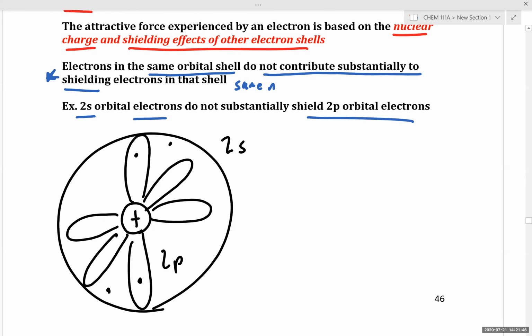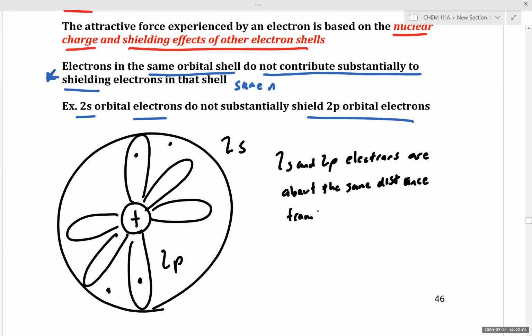And because the 2s and 2p electrons are about the same distance from the nucleus, they do not substantially shield each other.